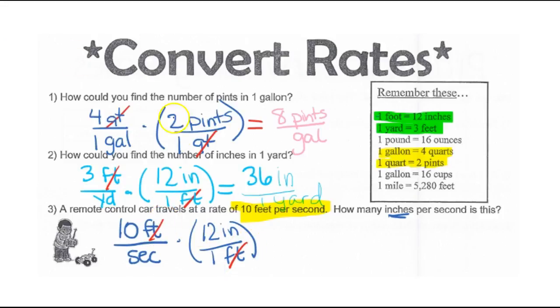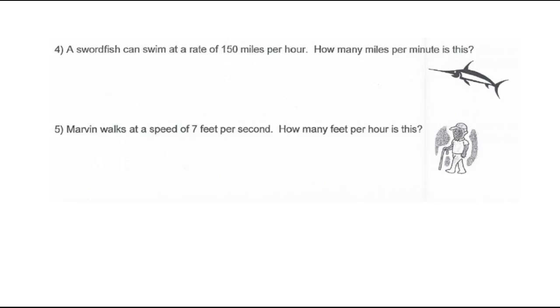What I'm left with is 10 times 12, 120 inches per, and the only thing left in the denominator is the seconds. Now I just want to make sure I have the rate they're looking for. I have inches per second, and it is.